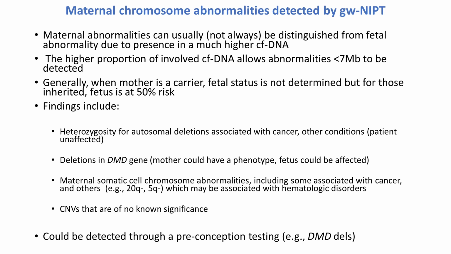These are quite commonly picked up in maternal blood samples or bone marrows from patients with myeloid disorders, but ascertaining them through NIPT is not very well established, and we really don't know what the clinical significance of this is when you find them serendipitously in this way.